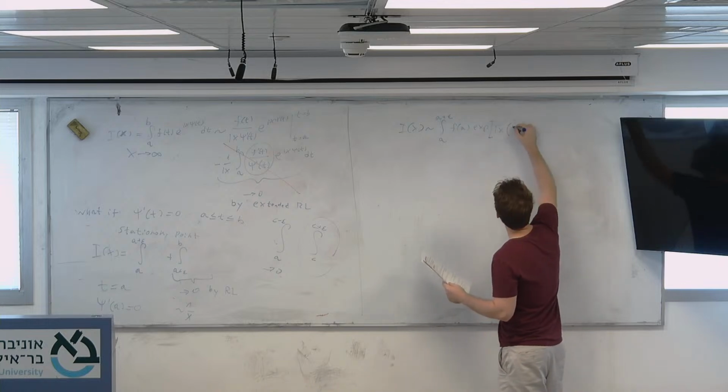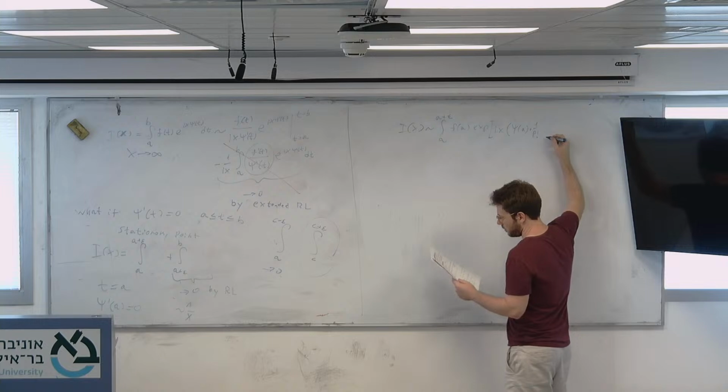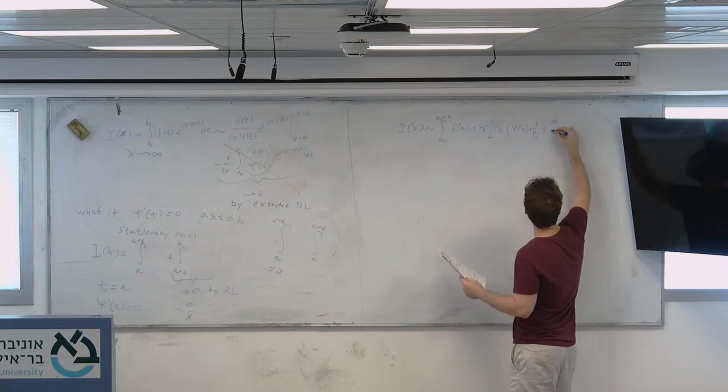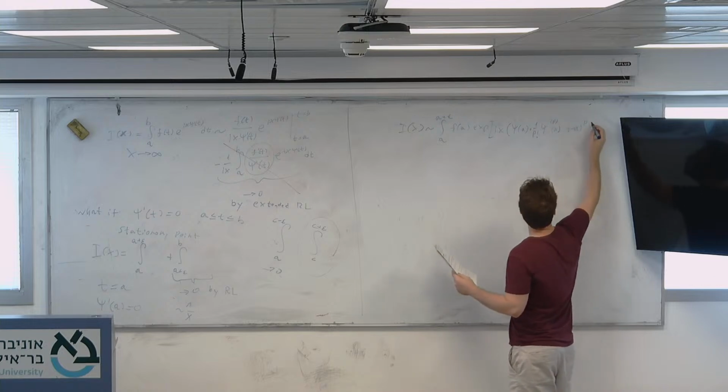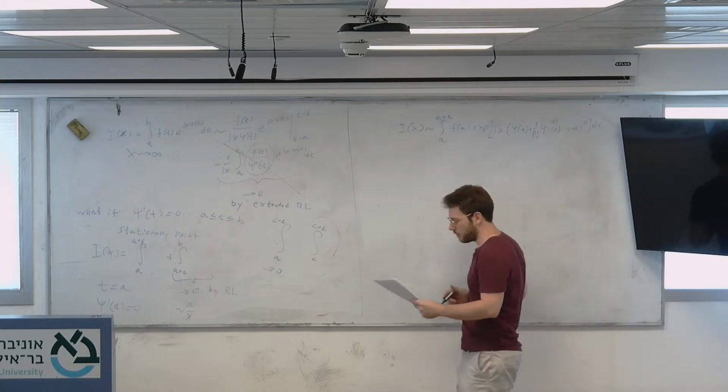So you get psi of a plus 1 over p factorial, psi p-th derivative at point a, t minus a to the p, okay, dt, and p is the first derivative that is not zero.